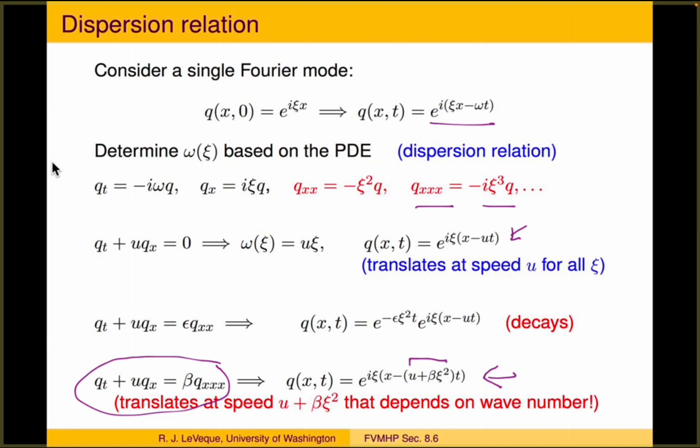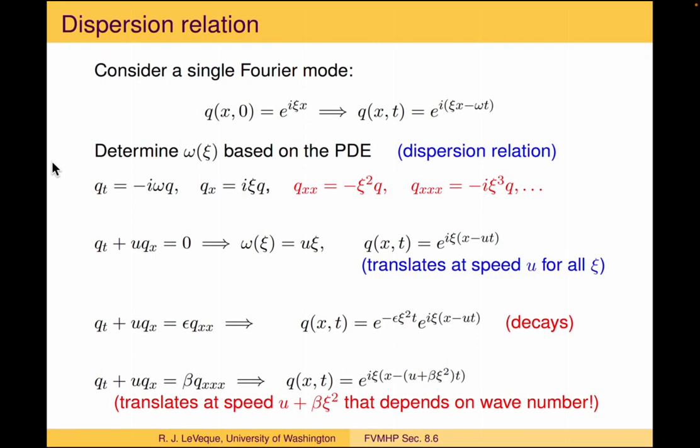And so the solution at time t is just the initial data translated by that speed times whatever elapsed time. And so it's like the solution of the advection equation, and if we started with a single Fourier mode, it would simply look like it's advecting along at that speed. But notice that the speed now depends on the wave number, and so different waves propagate at different speeds, and you get this dispersive effect.